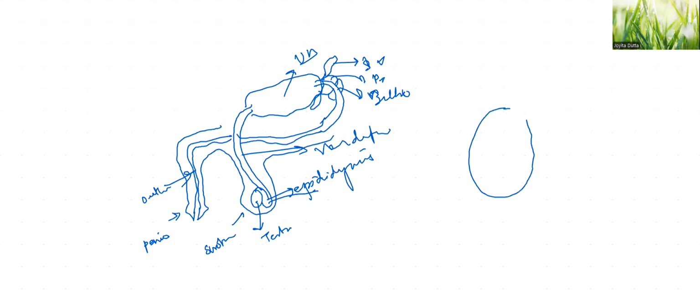Each testis has lobules. Inside I have convoluted tubules, which are tubes getting connected with the rete testis. So this is the rete testis, moving around with the vas efferentia. So this is the vas efferentia.